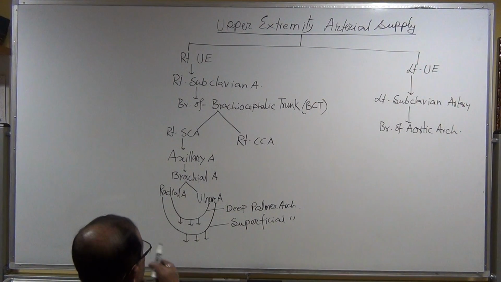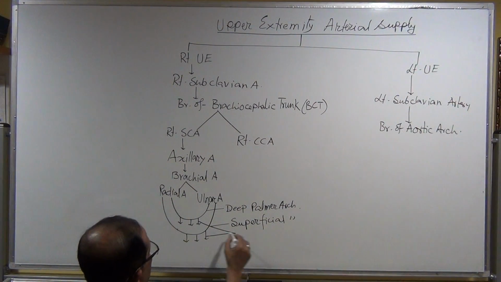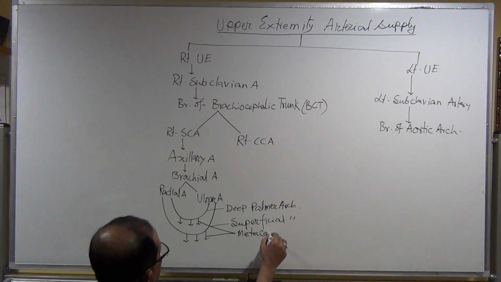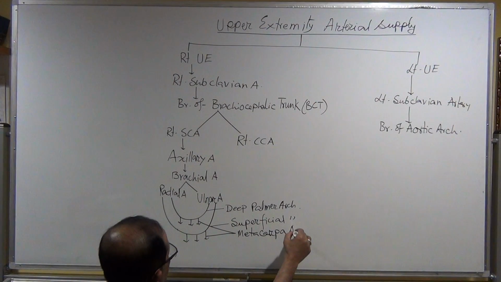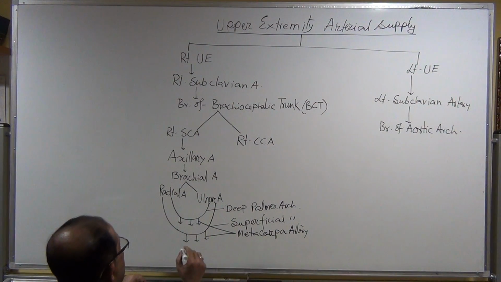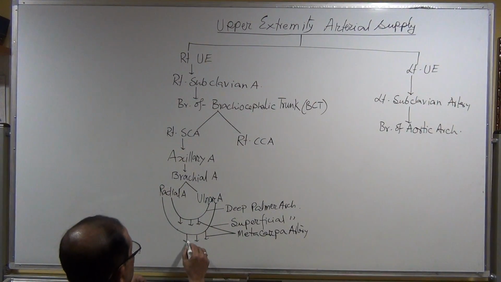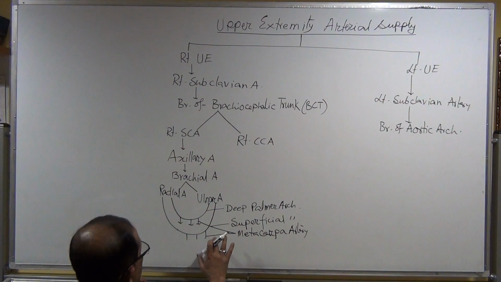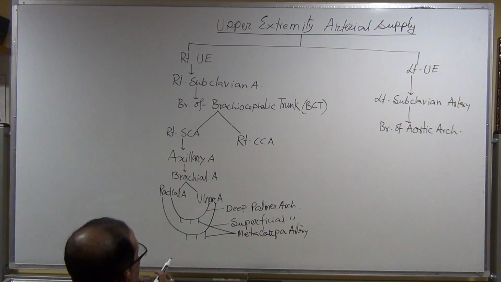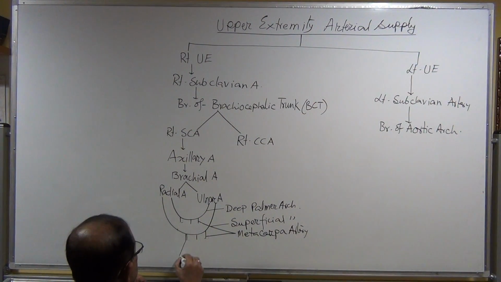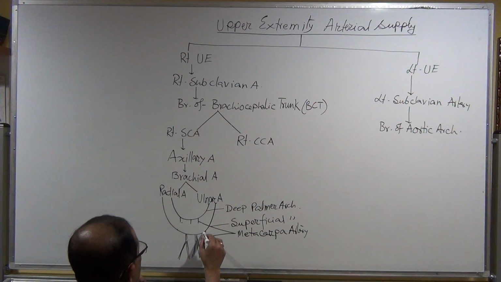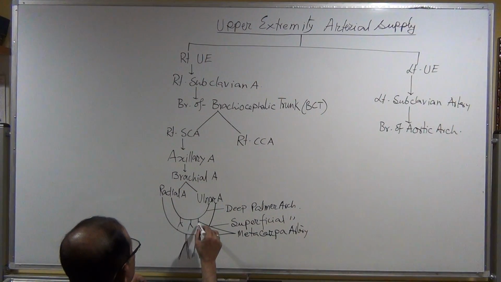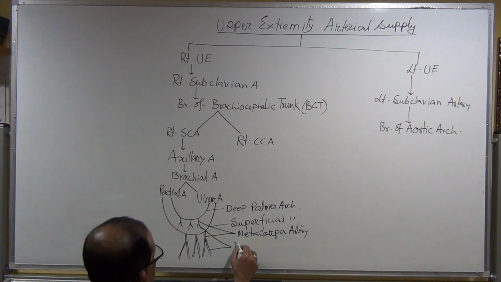There are three of them, so these are the metacarpal arteries, and from the metacarpal arteries there are the digital arteries. So these are the digital arteries.